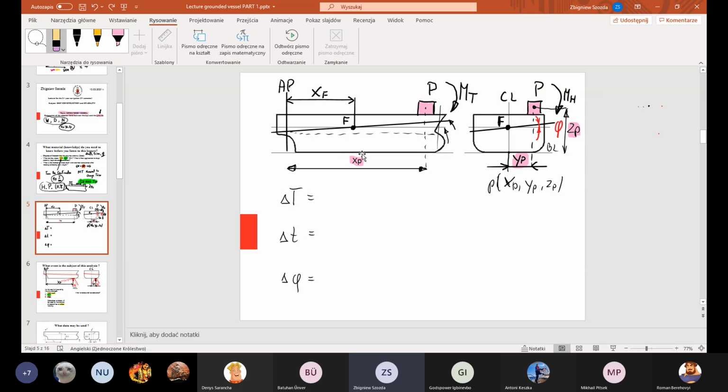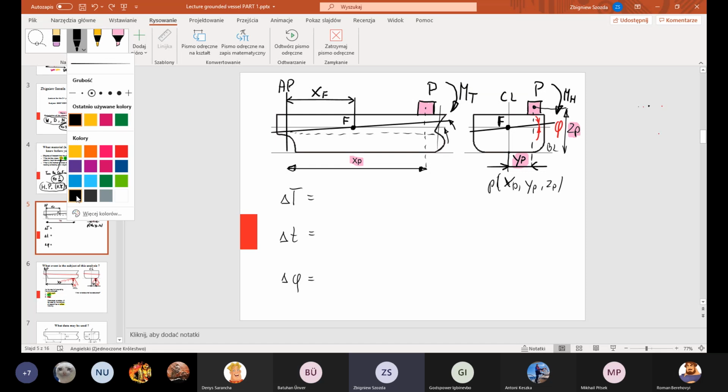The position is described by XP, YP, and ZP. How far is the weight from aft perpendicular, X? How far is additional weight from central line, Y? And how far is additional weight from baseline, Z? We are just shifting the weight already on board, right? No, it is additional weight. Not shifting an existing one, but a new additional weight.